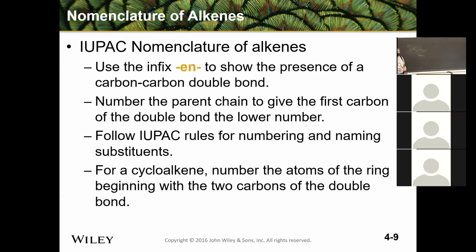And we want to give our methyl groups the lowest possible set of numbers. So we would want to number from this end. Okay, so that's 1, 2, 3. Okay, so this would be 2,2,3-trimethylhexane. Okay, we're giving the substituents the lowest possible number.